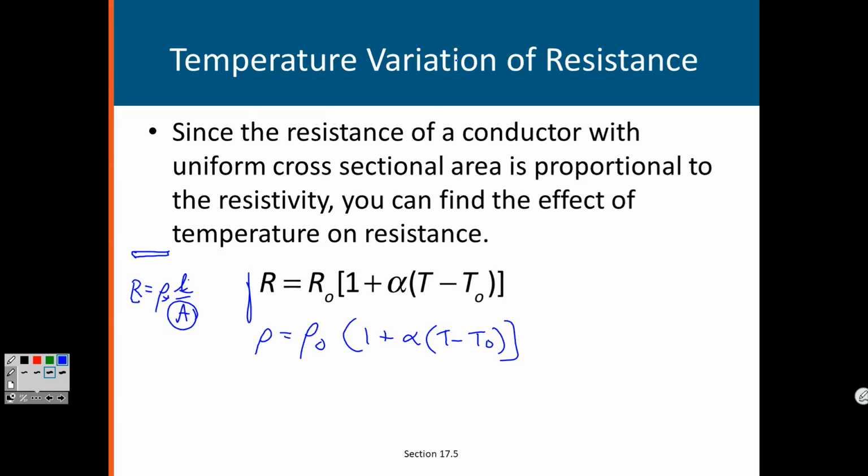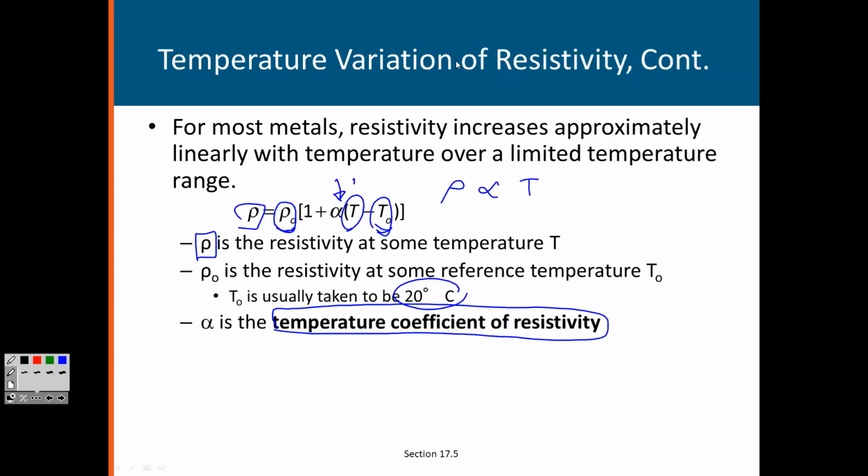So we can just say if resistivity varies with temperature linearly like that, resistance will have the exact same relationship with the temperature. Same temperature coefficient of resistance. Alpha is called the temperature coefficient of resistivity.